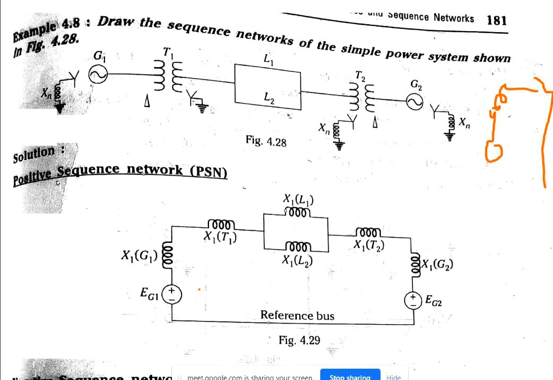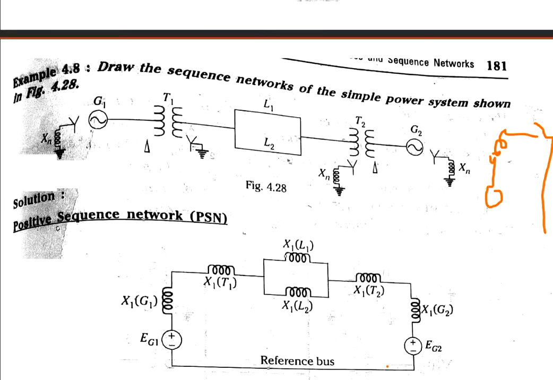Then how will you draw the negative sequence network? Yes, how will you draw the negative sequence network? Just short your voltages. The only difference is between positive and negative sequence. You need to remove the voltage sources.